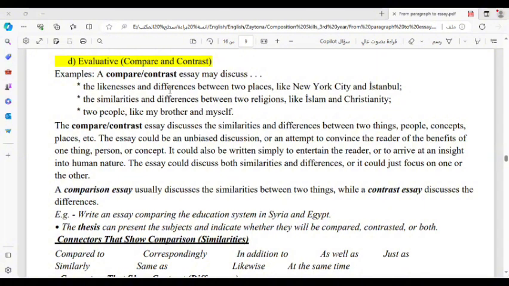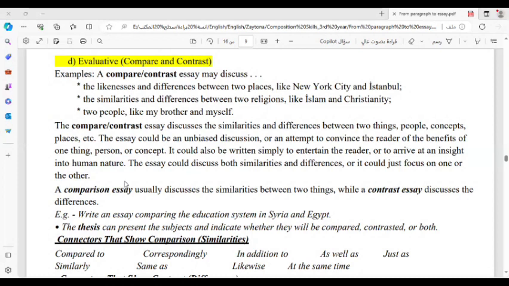This is what unbiased means: a fair discussion, not based on other people's opinions.